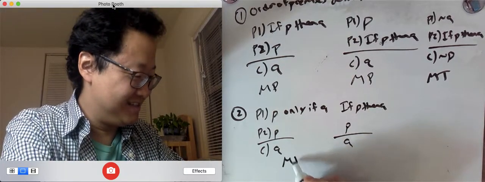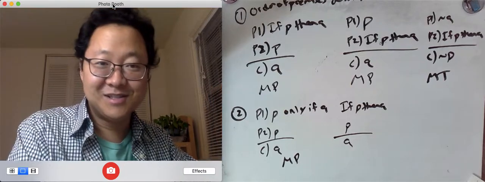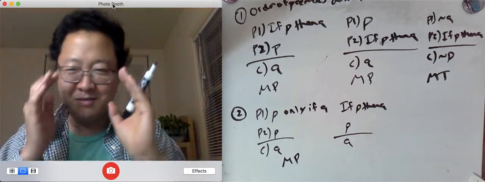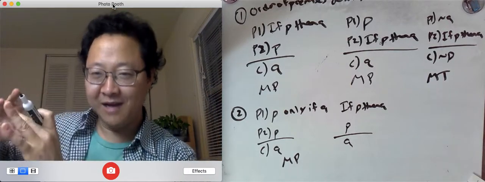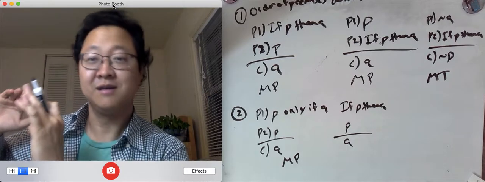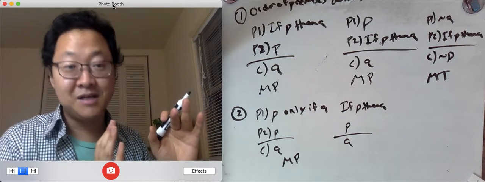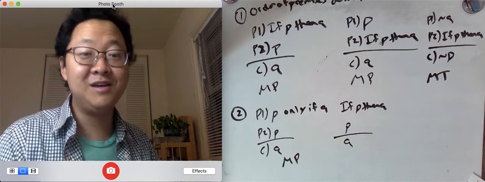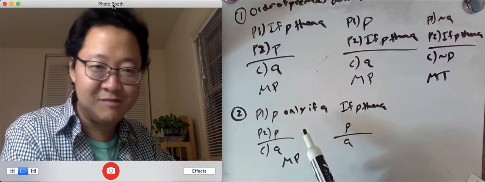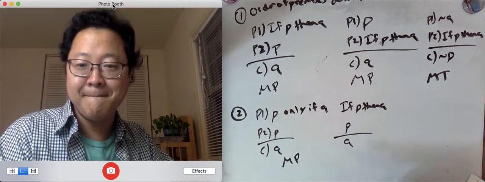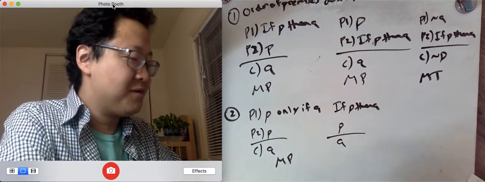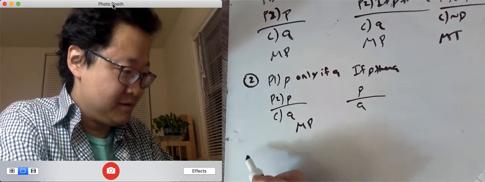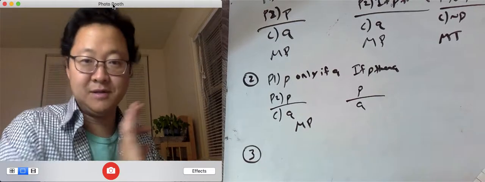So one thing I want you to be able to do is combine what we learned in a previous week, conditional conversions, and apply it to your argument forms here. Then you can determine whether this argument is valid or not.